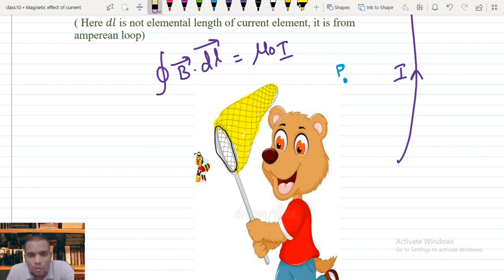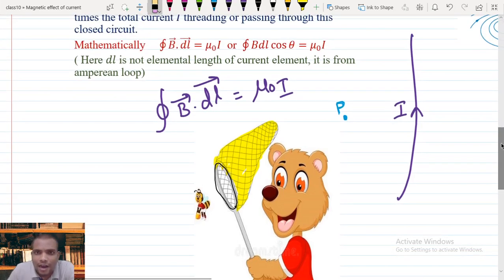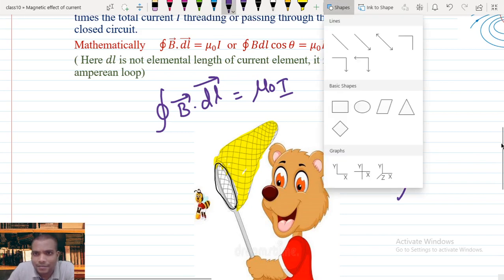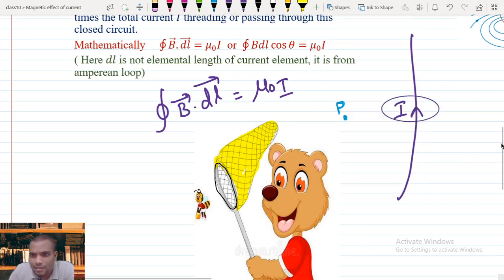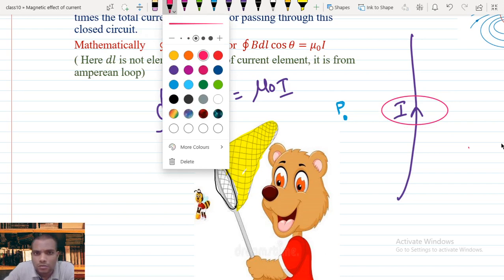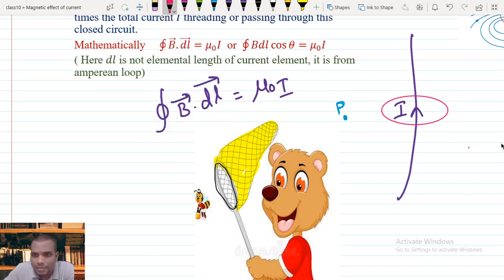Now what shall I do to find the magnetic field? I attach this Ampere loop to my current carrying conductor. So I consider a circular Ampere loop, which I highlight, and it should be closed so that I can attach it through the conductor.